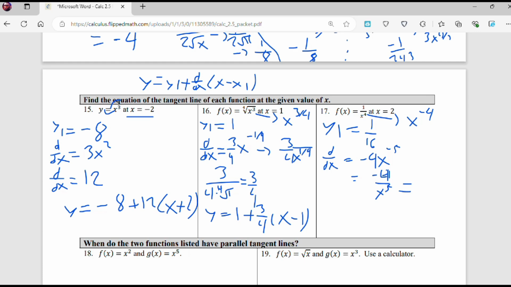Negative 4 over 2 to the fifth is negative 4 over 2, 4, 8, 16, 32. So that reduces to negative 1 over 8. y equals y1 minus 1/8 times x minus x1. And I did that last question pretty quick. I did skip some algebraic steps, but you should be getting quicker and recognizing things and solving things more frequently in your head.